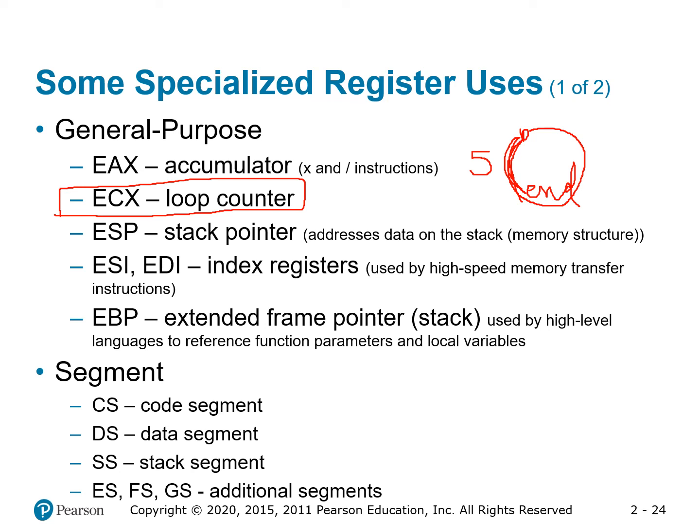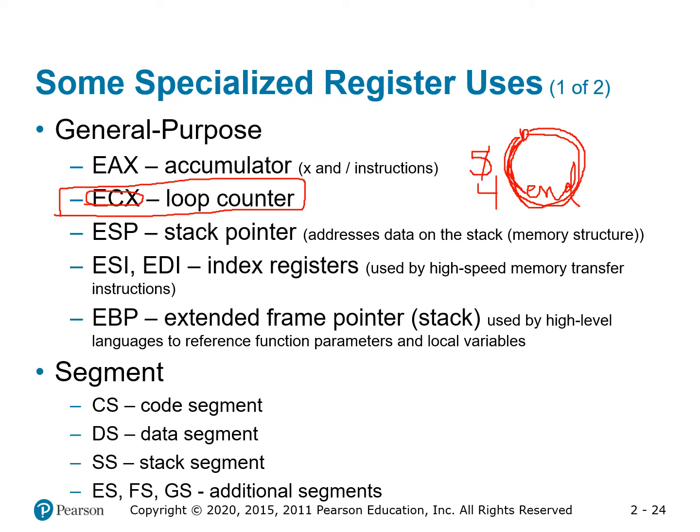Every time that you make one iteration, so you go around once, this loop counter automatically gets decremented by the assembly instruction. So the assembly instruction will automatically decrease ECX. So you'll have to know that ECX, when using a loop instruction, decrements this register so that you don't mess with that register.